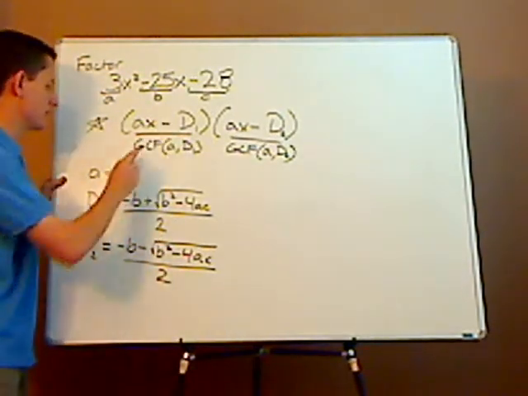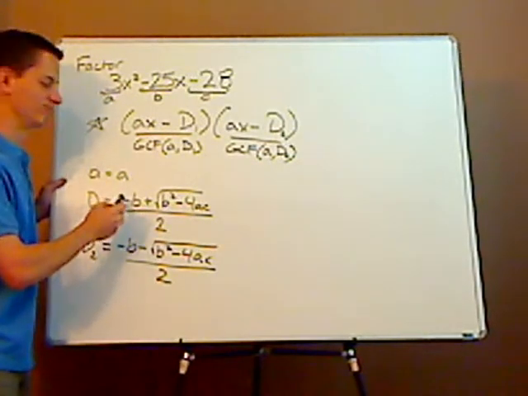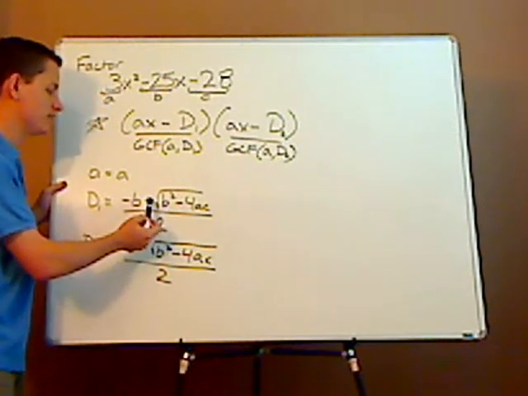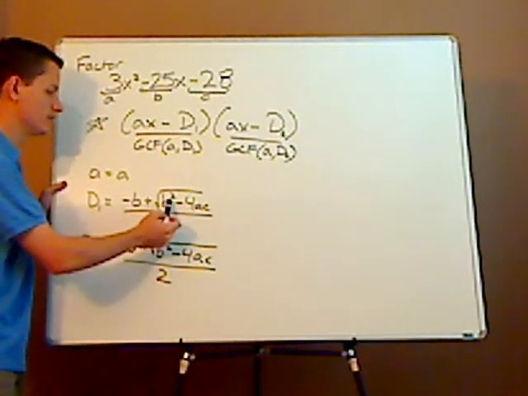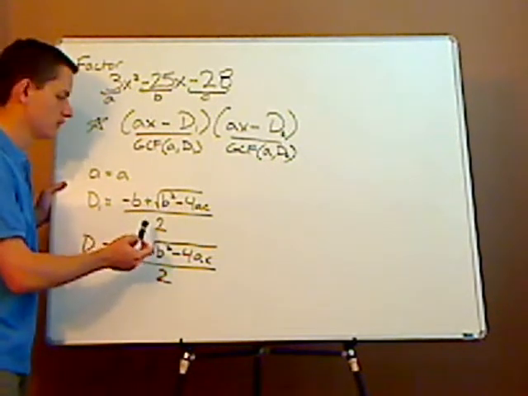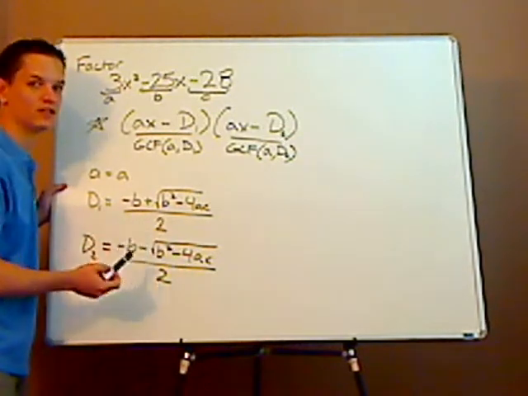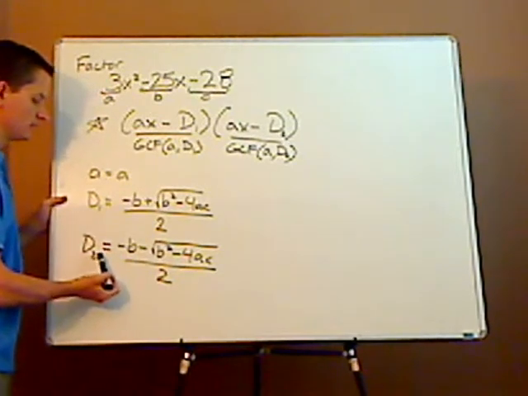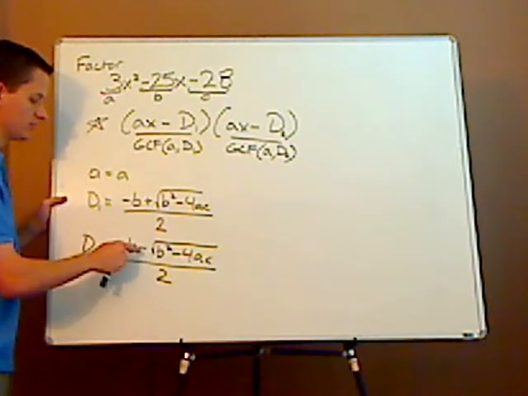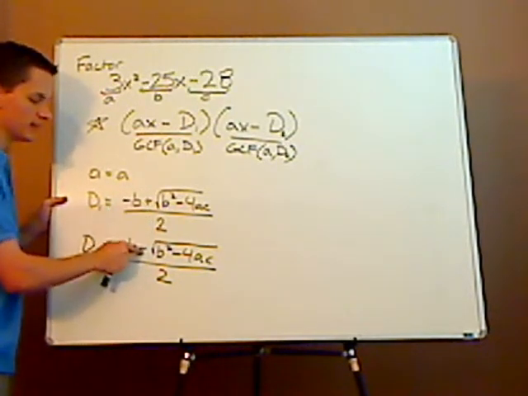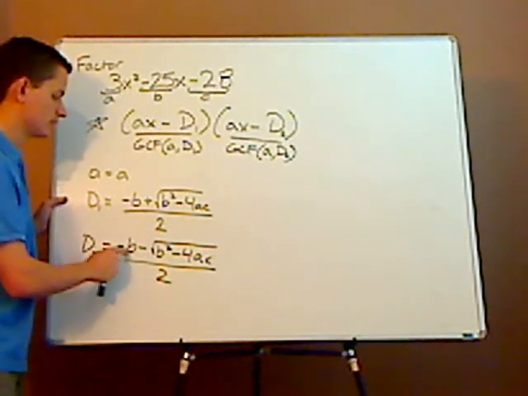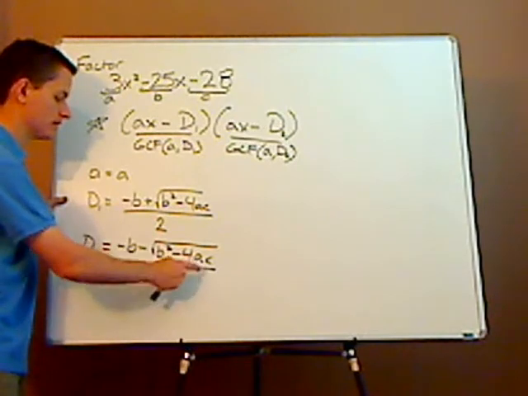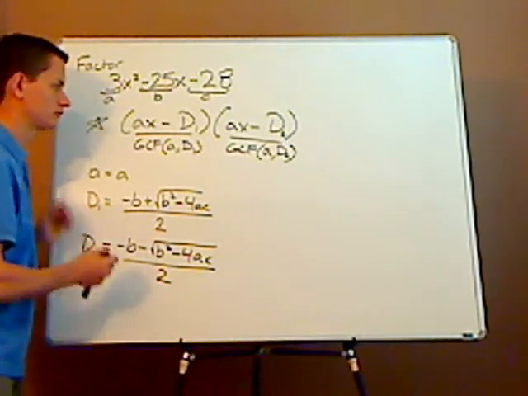A in here is equal to A. D1 equals negative b plus the square root of b squared minus 4ac, all over 2, which is very similar to the quadratic formula. D2 is very similar. The only thing that changes is the plus and the minus. So this is negative b minus the square root of b squared minus 4ac, all over 2.